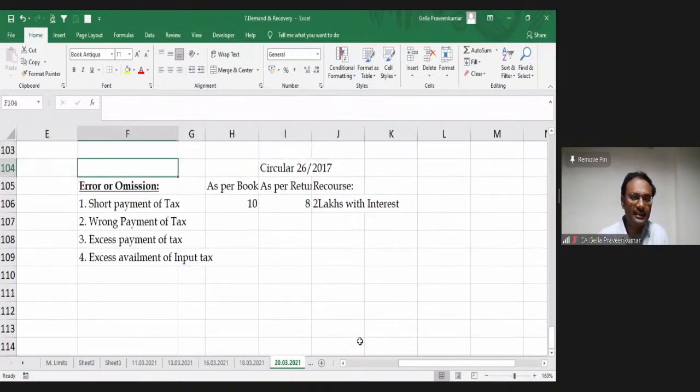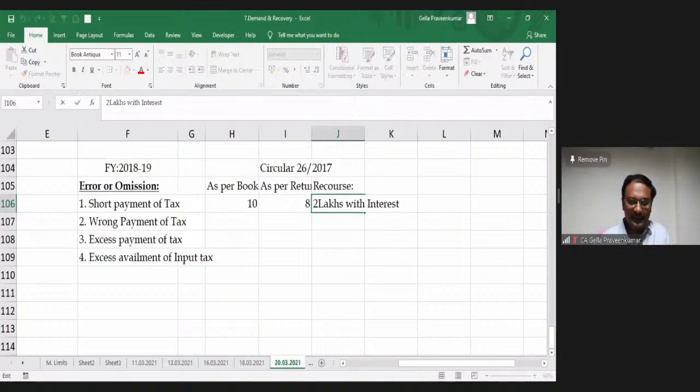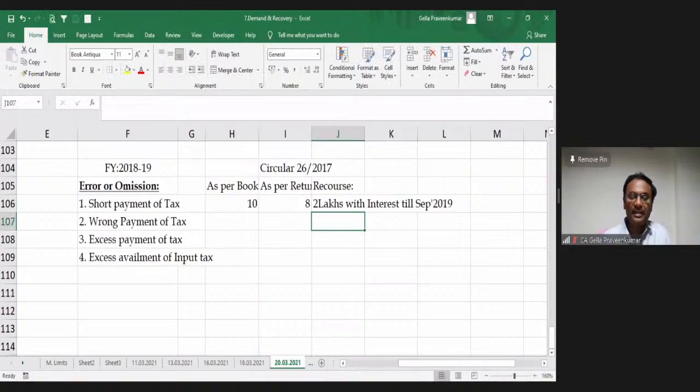I'll presume that these transactions are for financial year 2018-19. So my law says, if you have short disclosed your turnover, pay this 2 lakhs with interest till September 2019. What will happen if I do not discover this? Generally, when I close my books of accounts for 18-19 on or before 30th September, I do the statutory audit, I give certified financials, and I also have to file my IT return.